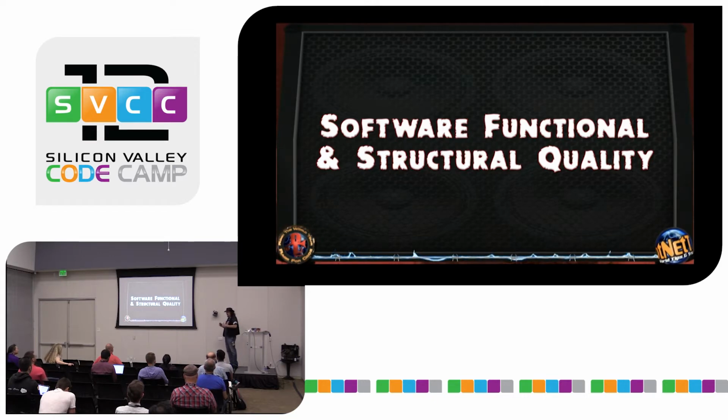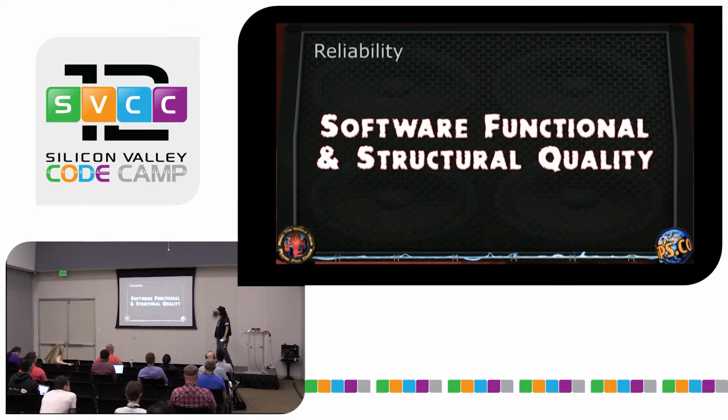So I basically took the definition of software quality on Wikipedia and made a whole talk out of it, okay, and applied it to .NET. So if you came here to see a lot of code, I think I only have one slide. So this is really just a lot of talking, okay, and hopefully inspiring you to do better in your work.